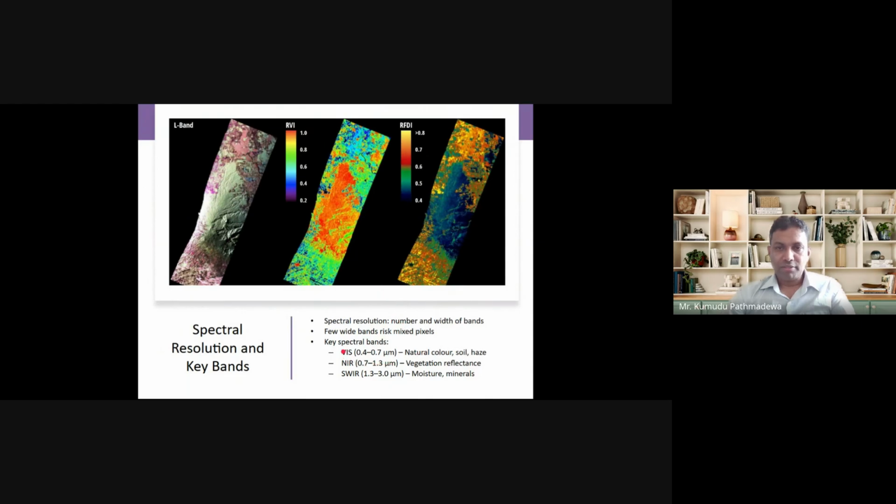So there are the visible range, near infrared, and short wave infrared. Getting these separate bands, we can analyze natural color, soil, haze, vegetation reflectance, moisture, and minerals. So we can use several applications for those images and get information on those areas.